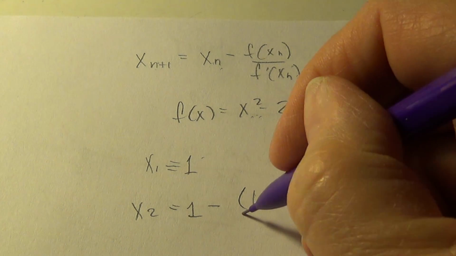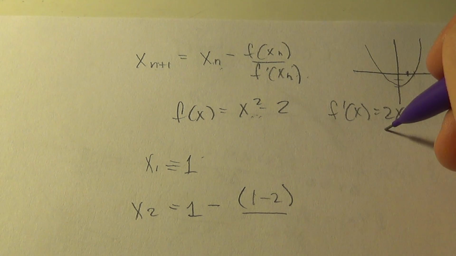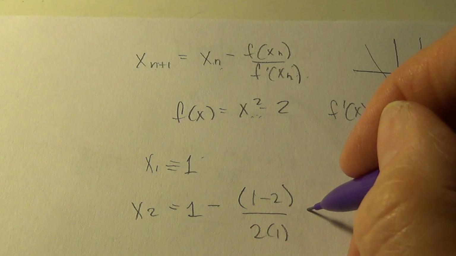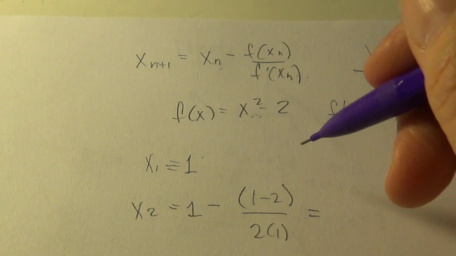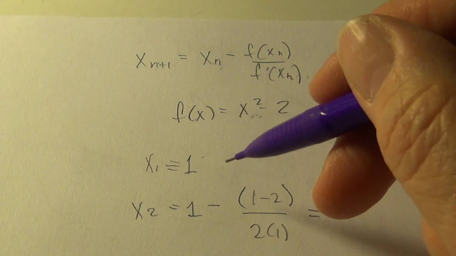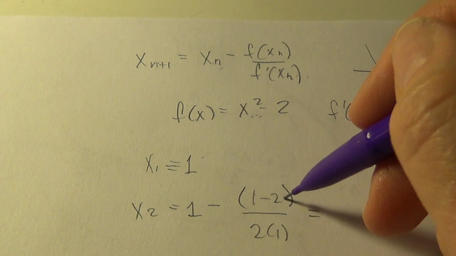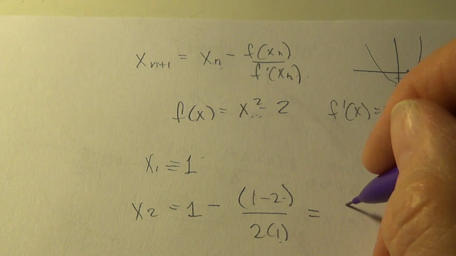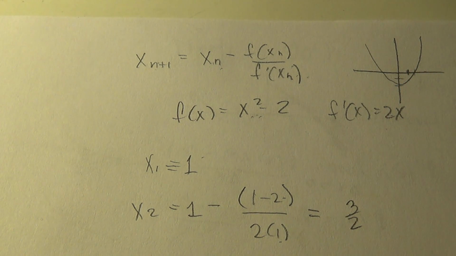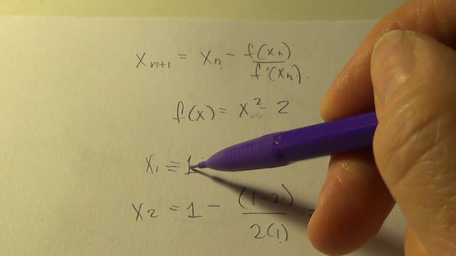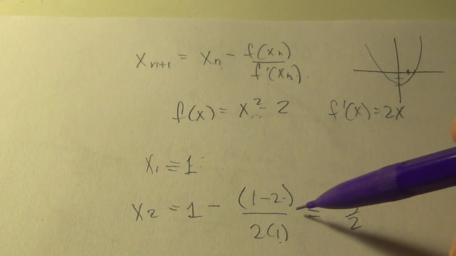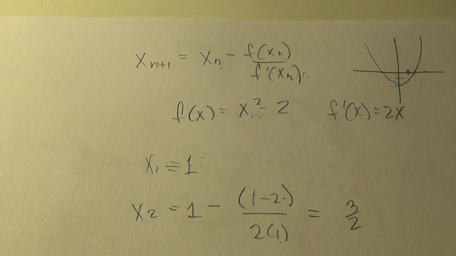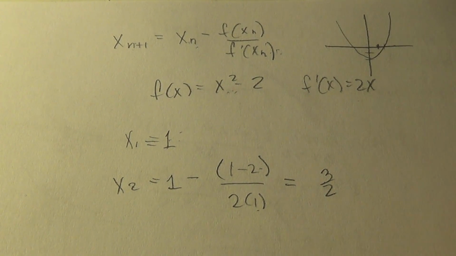And then on the bottom, the old approximation is put in the derivative. So I get 2 times 1. So that ends up being, let's see, 1 minus negative 1/2. So I get 1.5 or 3/2. All right, so that's my first approximation, which was a guess. The second one was calculated using Newton's method. I got 1.5.